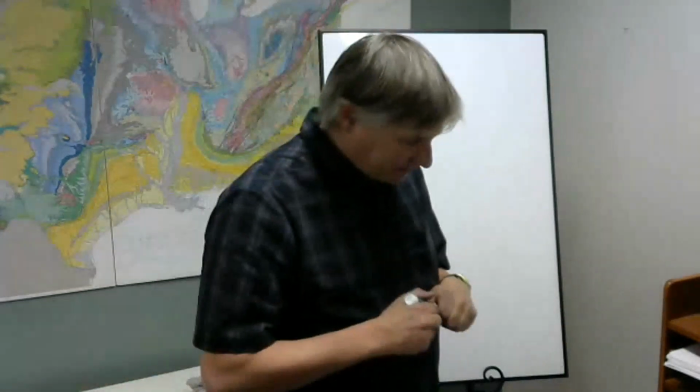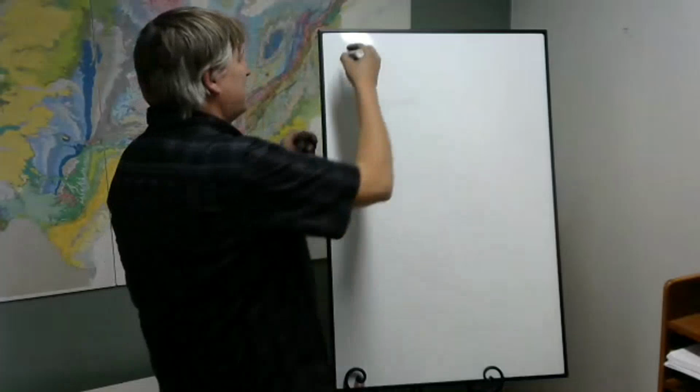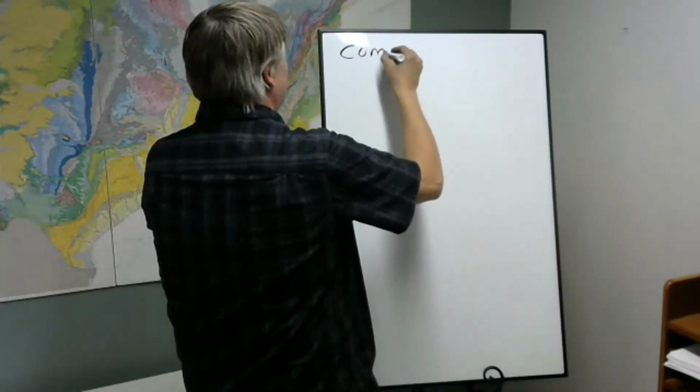So now what we want to do, let's take a look at just a little bit of the anatomy of these things. So complex numbers, that's what we're looking at.